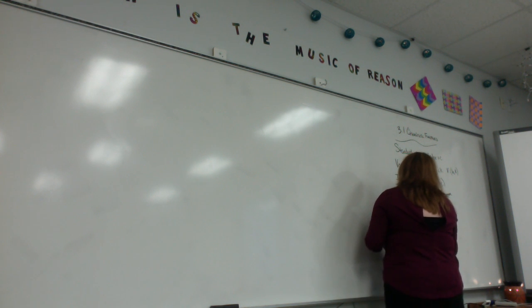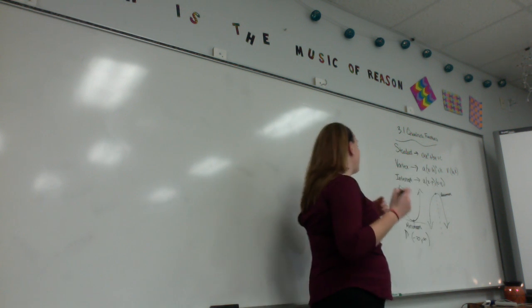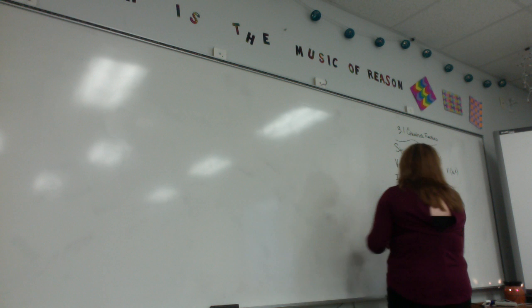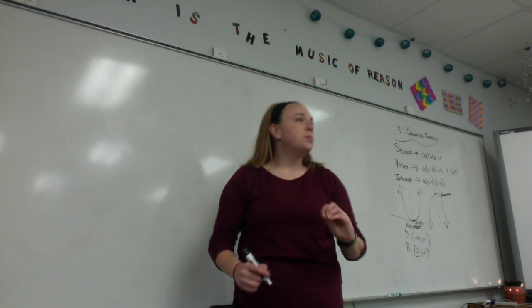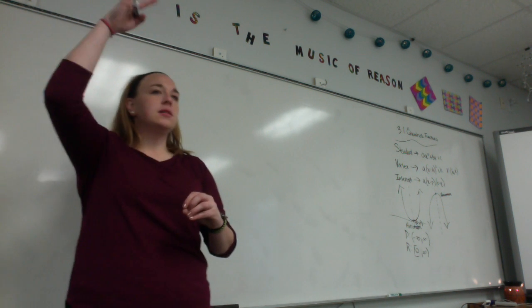But you have a range, let's say that this is 0, 0. You have a range of 0, in this case, to positive infinity. So your range is going to be whatever your lowest point of your vertex is to positive infinity.